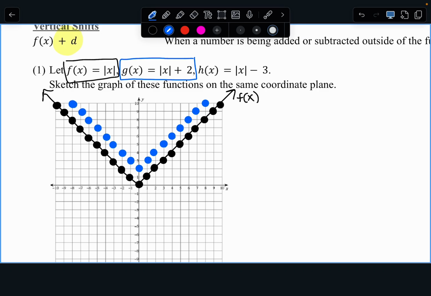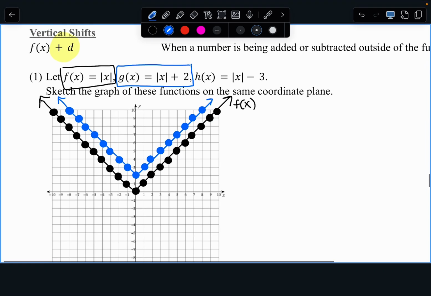Nothing else changed. This blue one was g of x. This is a vertical shift up 2.